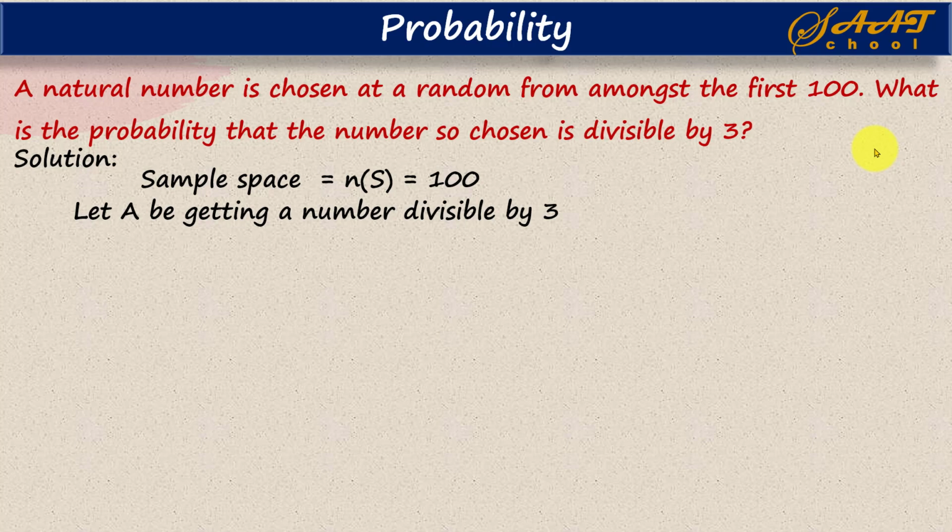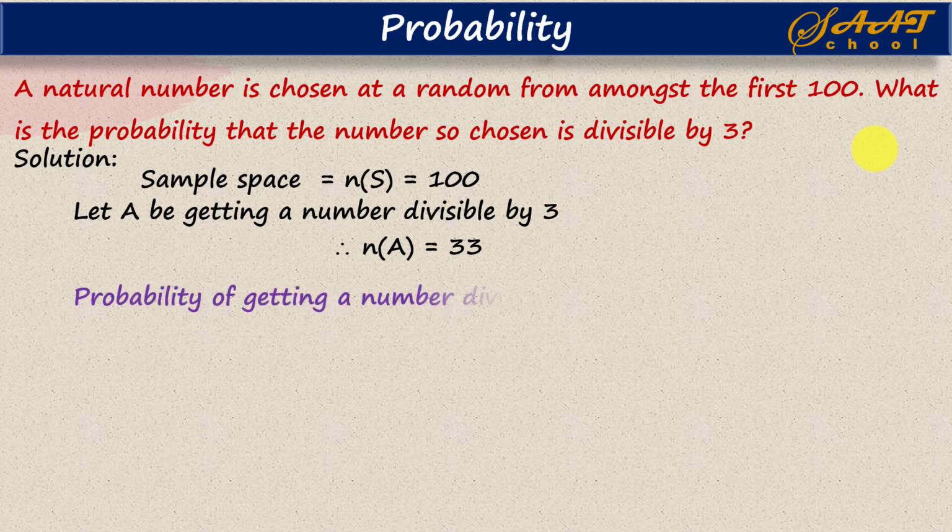We know if you divide 100 by 3, you'll get 33.33, and that gives you a clue there are 33 favorable outcomes, meaning there are 33 numbers which are divisible by 3. So n(A) is 33.